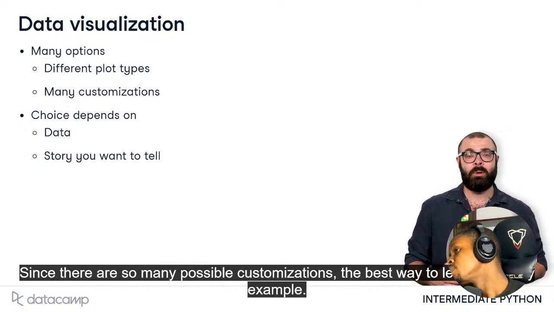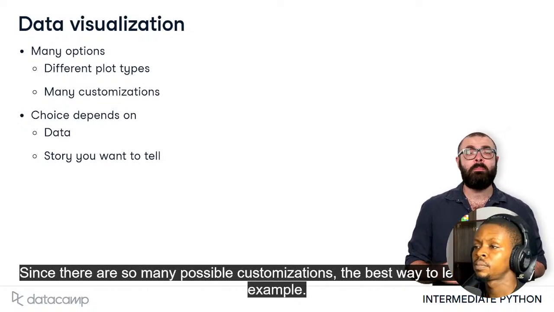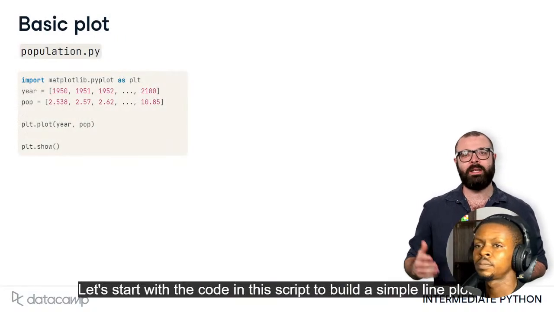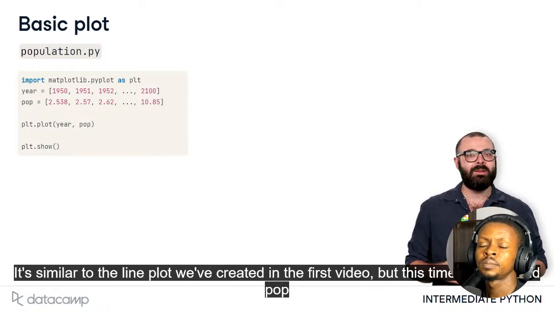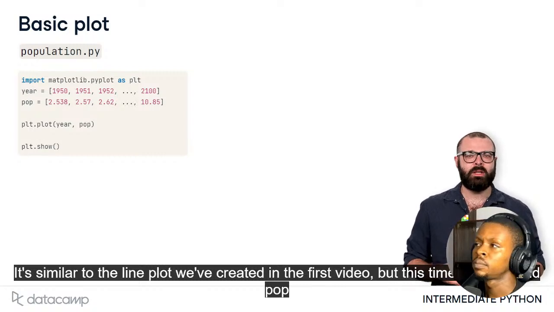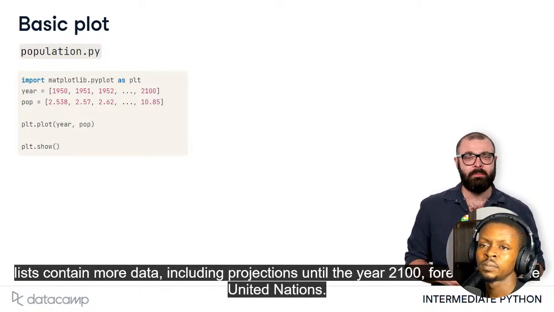Since there are so many possible customizations, the best way to learn this is by example. Let's start with the code in this script to build a simple line plot. It's similar to the line plot we've created in the first video, but this time the year and pop lists contain more data, including projections until the year 2100, forecast by the United Nations.